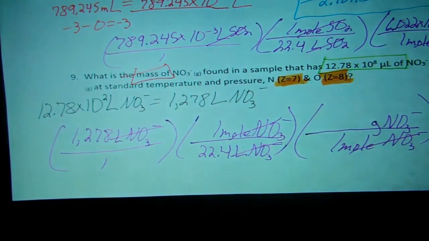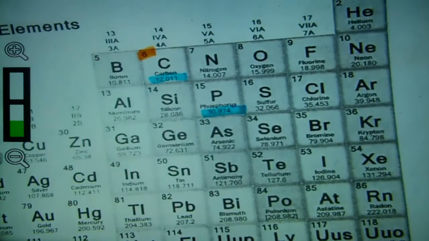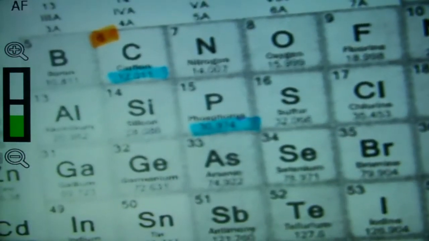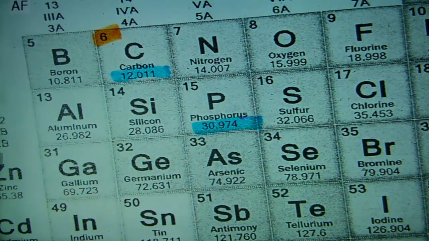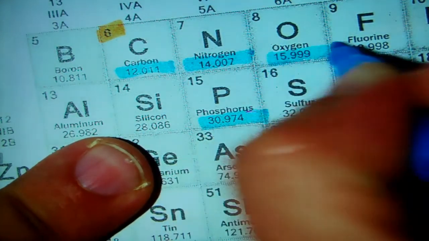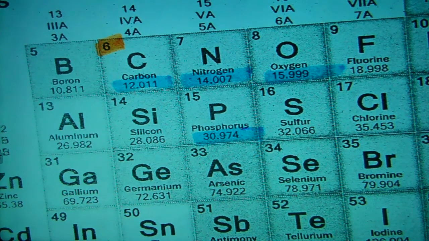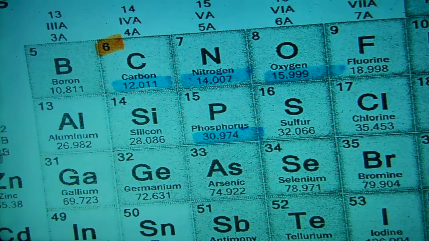And you're looking on your periodic table, and you're looking in the right spots and seeing we're going to have to use 14.007 and 15.999 for our nitrogen and oxygen.